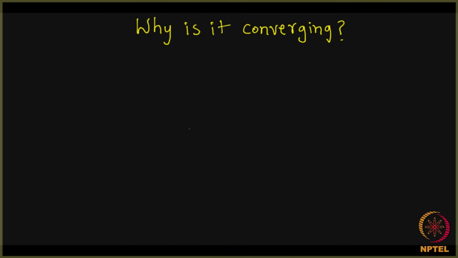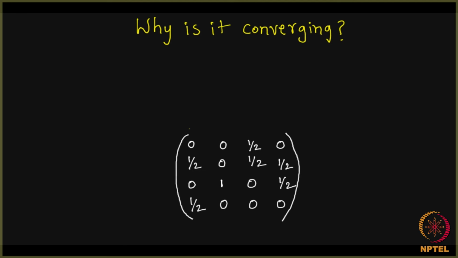Why does it converge? Why exactly is it converging? Now, isn't that obvious? We have seen that enough. Take the matrix. What do you understand by this? Have you seen this matrix sometime before? If you are an engineering student, I don't think you would have passed by your semesters without noticing this matrix.